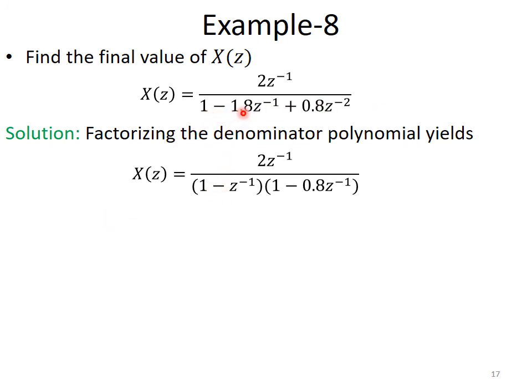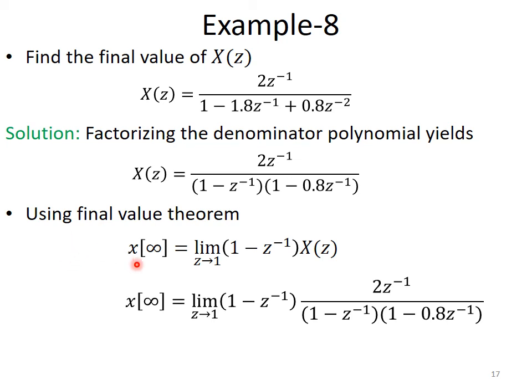So we can simplify this function by factorizing the denominator in this form, and the factors would be 1 minus z power minus 1 and 1 minus 0.8 into z power minus 1. Right. Now using the final value theorem, which is x of infinity equal to limit z tends to 1 of 1 minus z power minus 1 into x of z, and x of z is given by this equation.